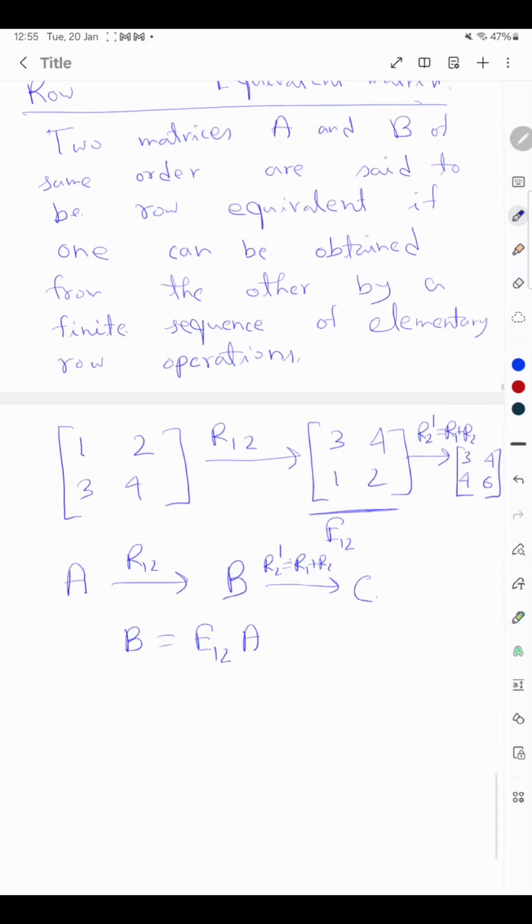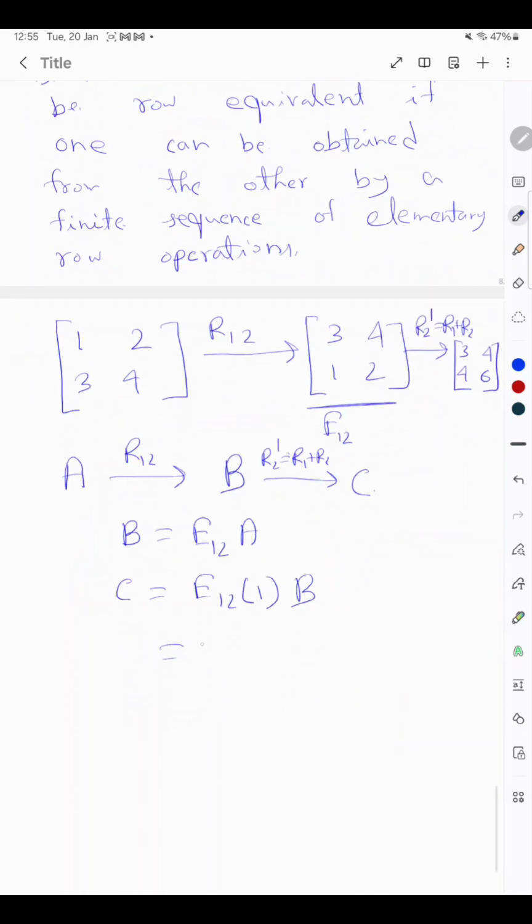And similarly, we can have C equal to E121 into B. So you have E121 into E12 into A, right? So you have this property.